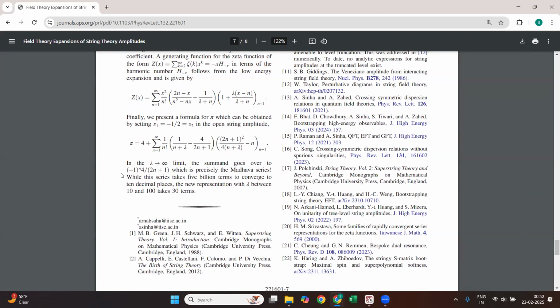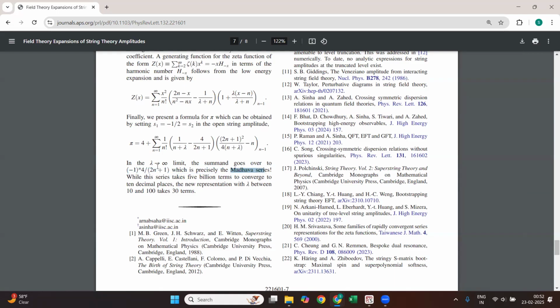formula here. And over here, there is this parameter lambda. Lambda is an independent parameter that they've used. And this parameter can be manipulated here and there to get an accurate value of pi. So they mentioned that in the limit of lambda tends to infinity, this summation becomes this, which is nothing but a Madhava series.